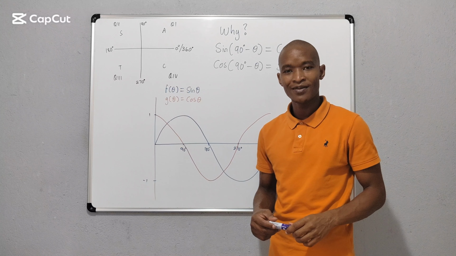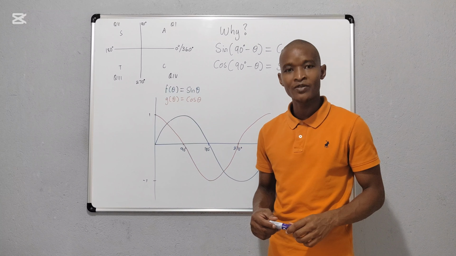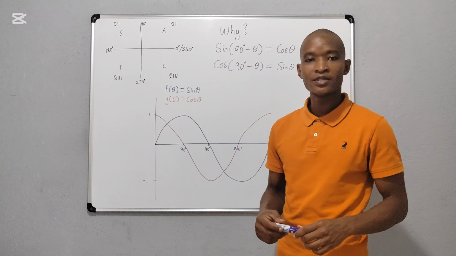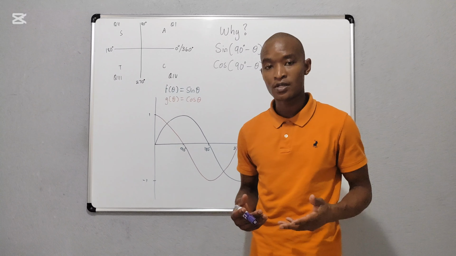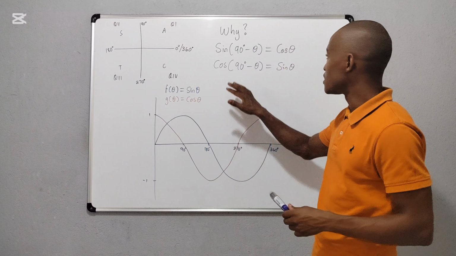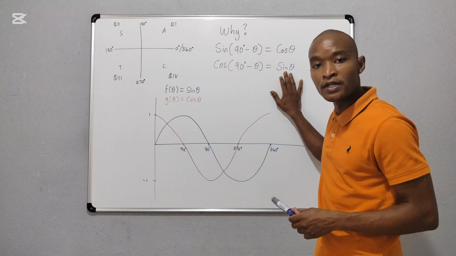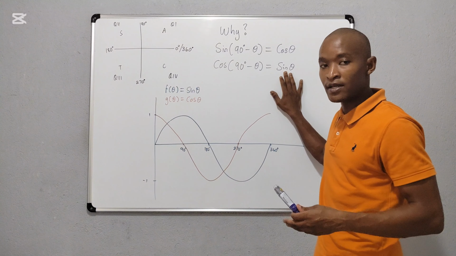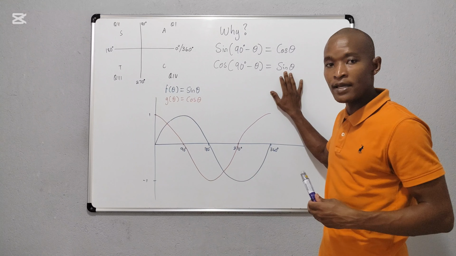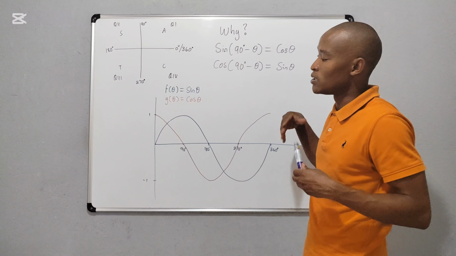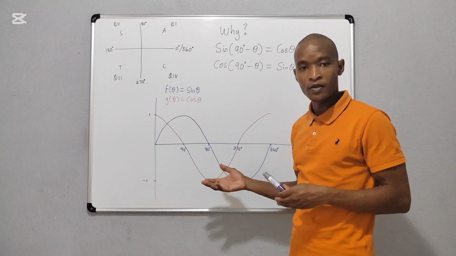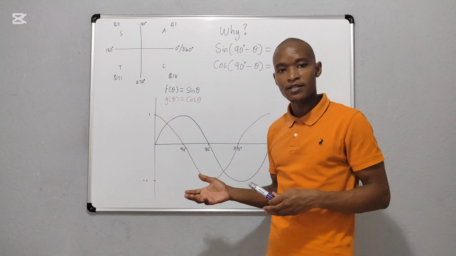Hello there, welcome to this video where I'm going to demonstrate how we can use trig functions to explain to students why we have these two equations that we use often in trig identities, in trig expressions when we simplify, and that actually that is based on the behavior and progression of the functions themselves.